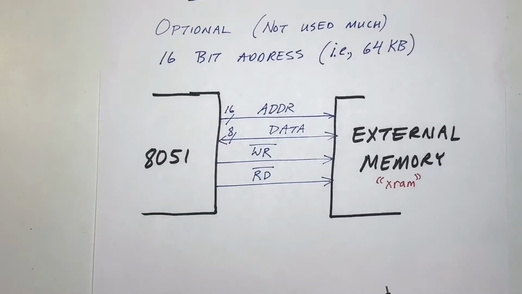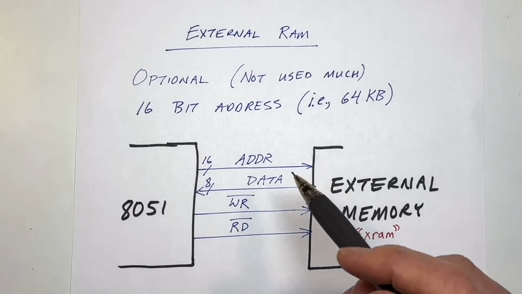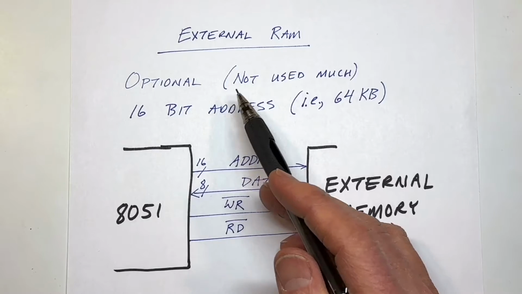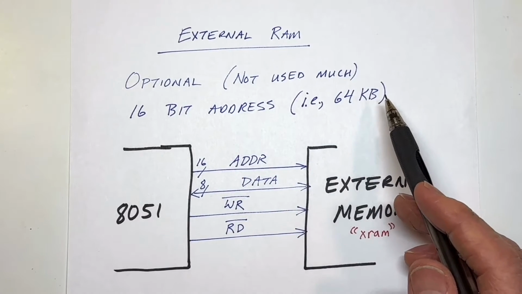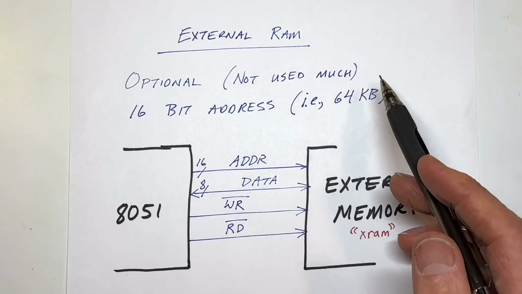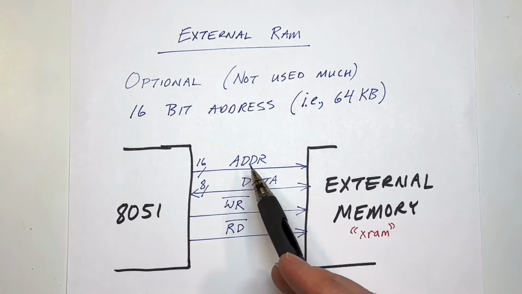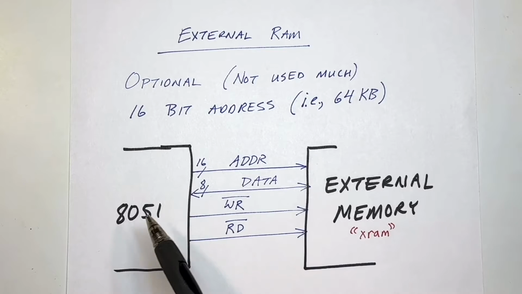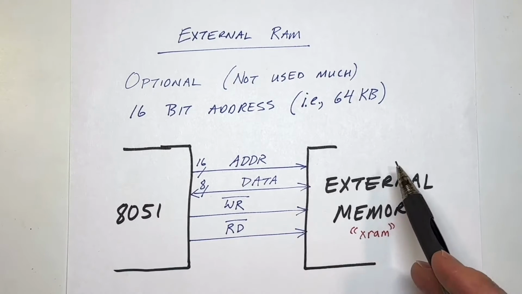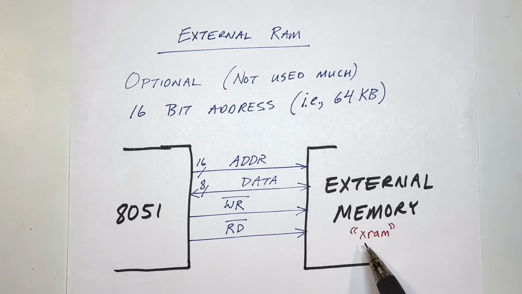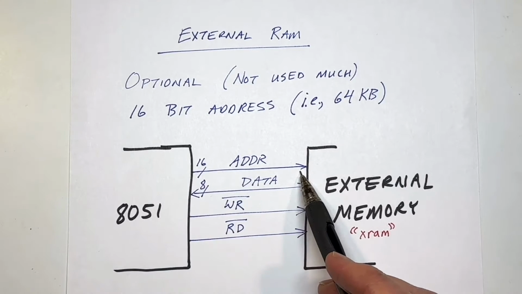We also have external memory, and any particular application may or may not use external RAM. So it's optional. I say it's not used much, but I really don't have any specific statistics to support that. But in any case, there is an address that's provided by the 8051 chip to the external memory system. Sometimes with the 8051 architecture, this is called XRAM. And the address is 16 bits.